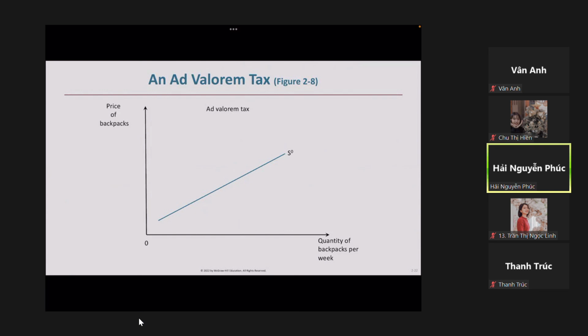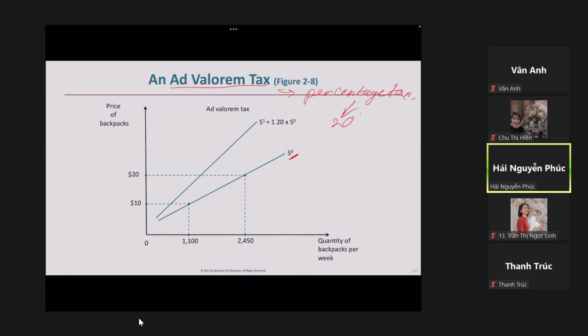Here's a graph illustrating the impact of ad valorem tax, and remember that it is called the percentage tax. It works like the following. Suppose the government imposes a tax of 20%.